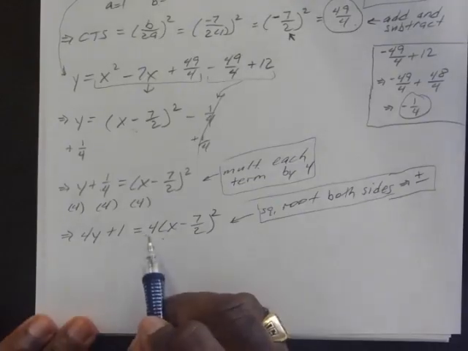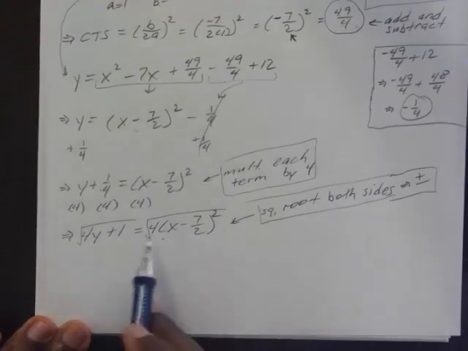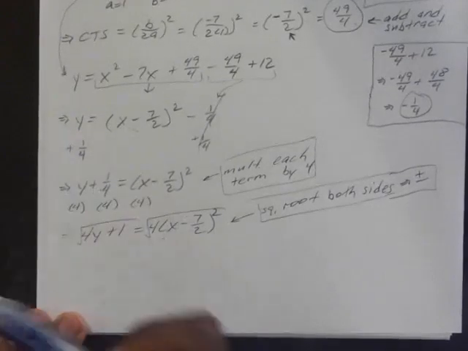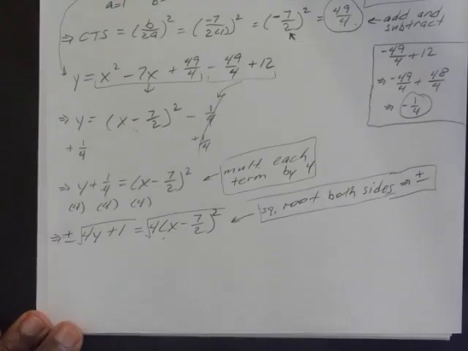So we can go ahead and square root this side, and we can square root this side, and it doesn't matter which side you put the plus minus. But since we are solving for x, we're going to put the plus minus on this side.